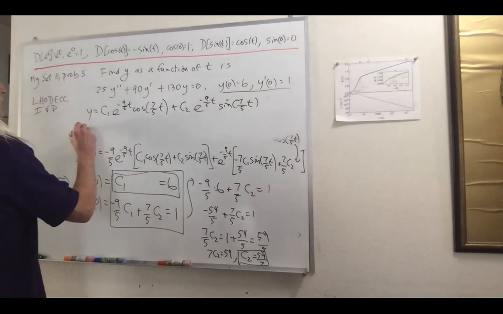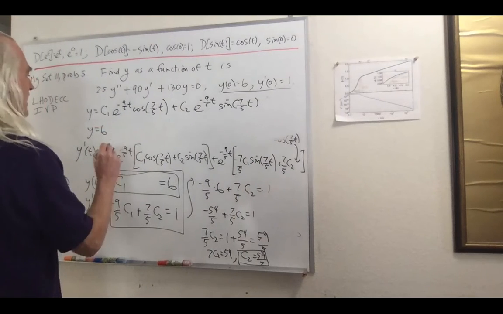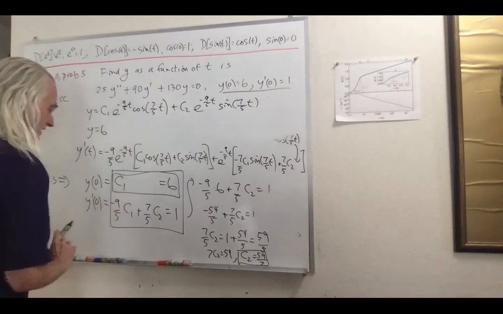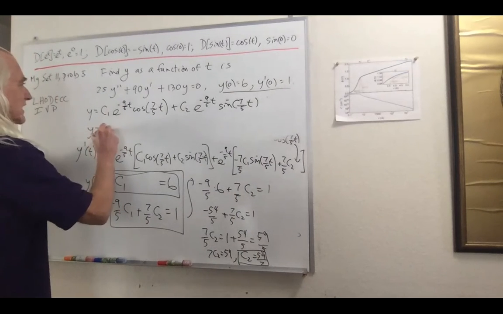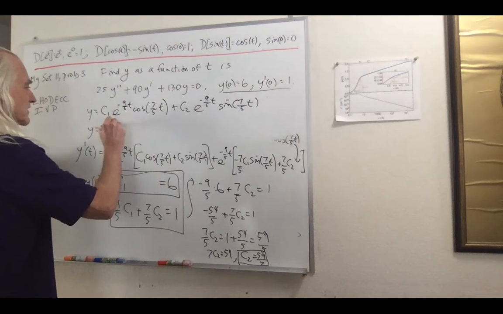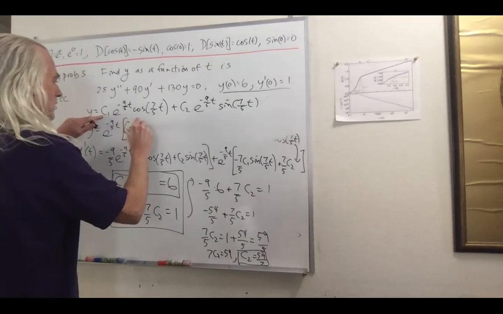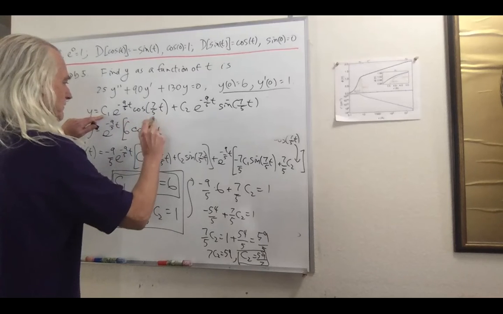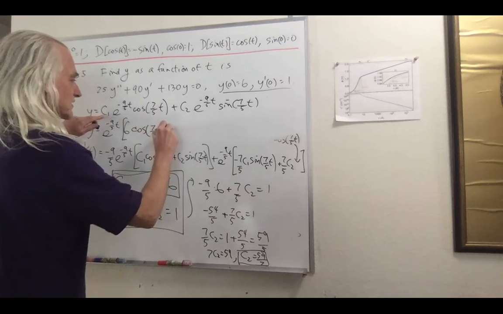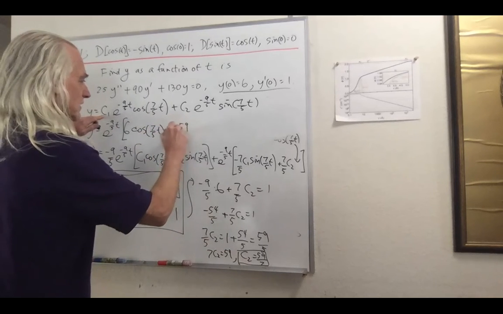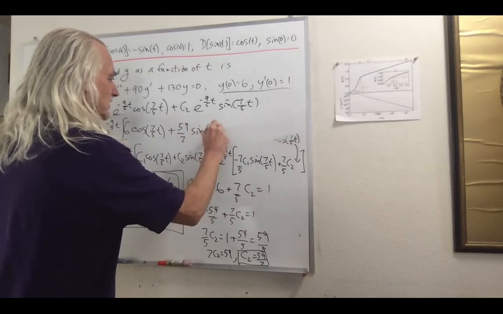All right, so the real solution is y is... I erased a nice formula with the exponential in it. Oh well, let's put it back in. I get e to the minus 9/5 t times, C1 is 6, so 6 cos of 7/5 t, plus 59/7 sine of 7/5 t.